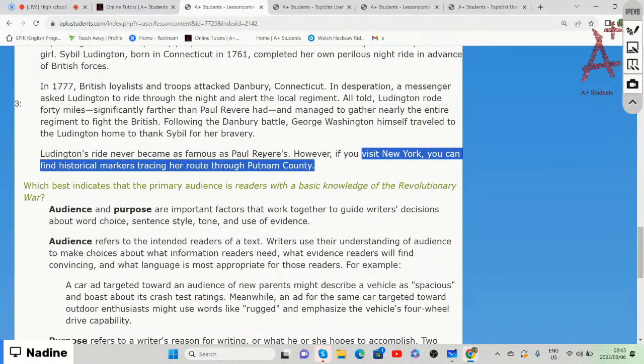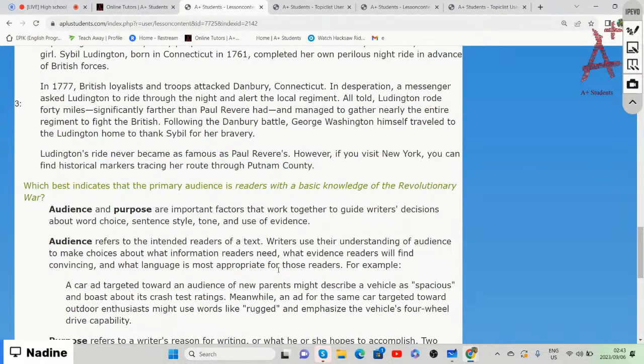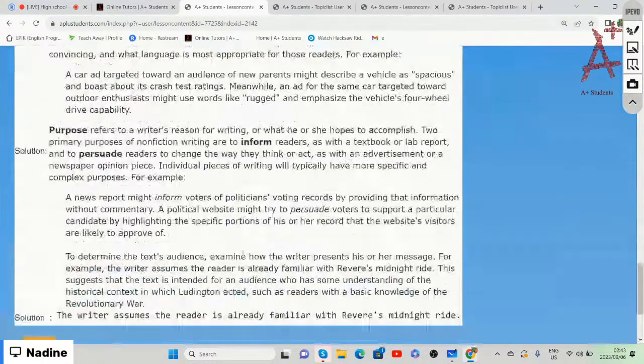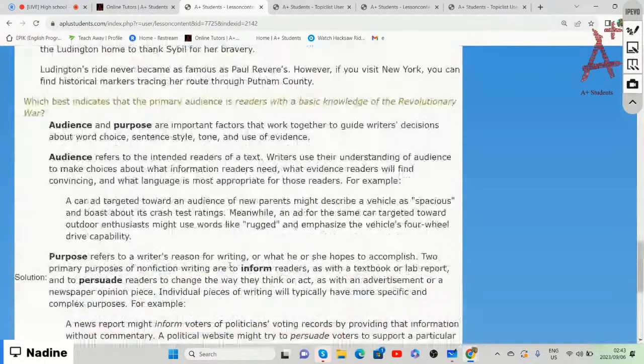Because with gaining information, reading about certain things, most people tend to also want to visit historical markers, historical buildings, in order to basically experience it for themselves. So, audience and purpose are important.